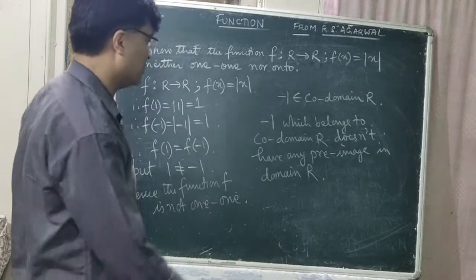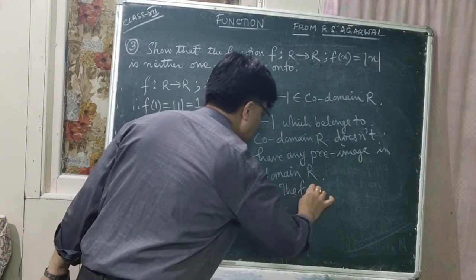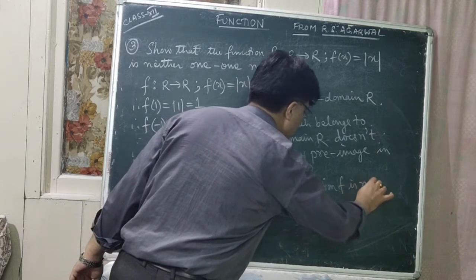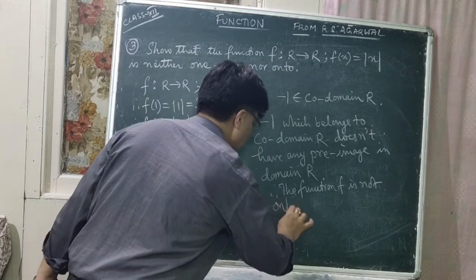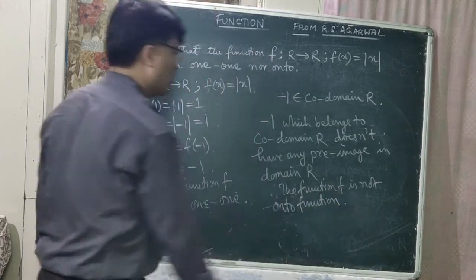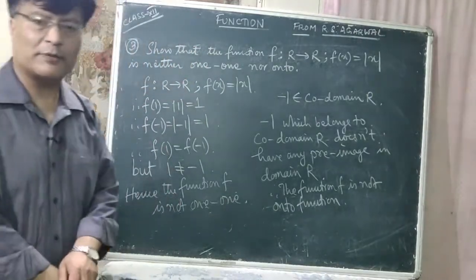So therefore the function f is not onto function. Is that clear? So I think you have understood it.